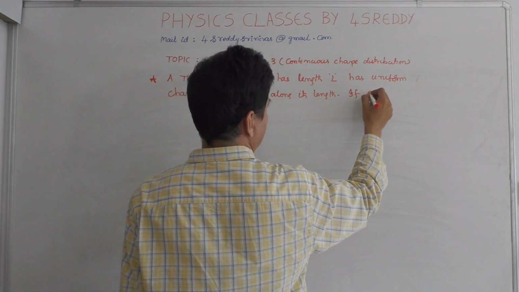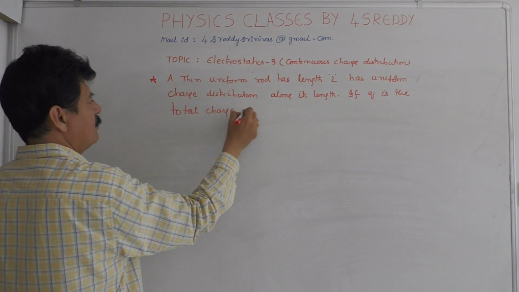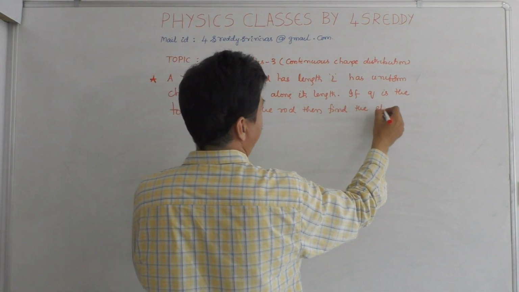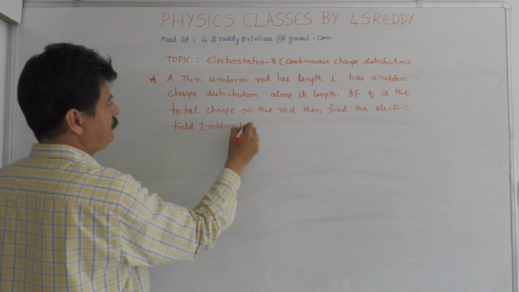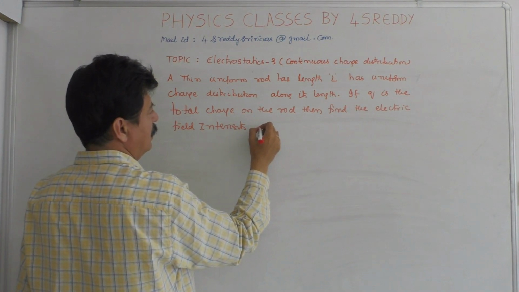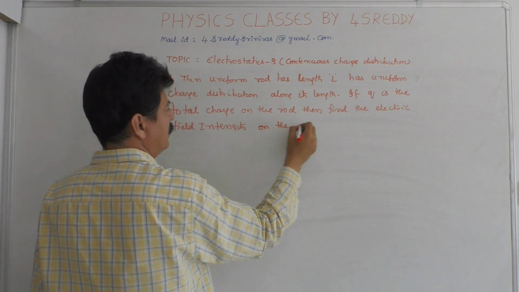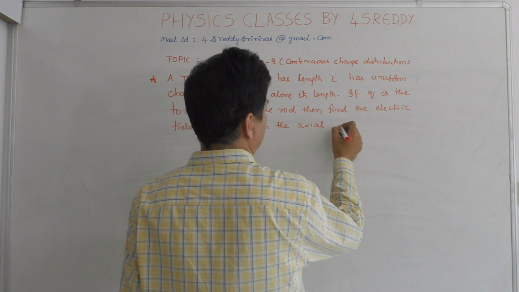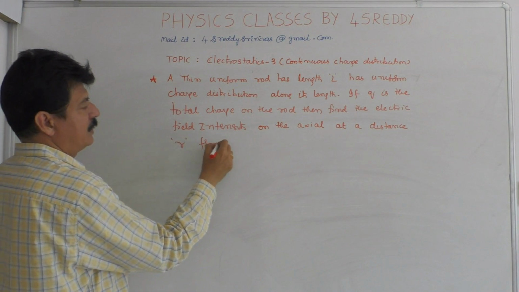If Q is the total charge on the rod, then find the electric field intensity on the axial line at a distance smaller r from the nearer end.